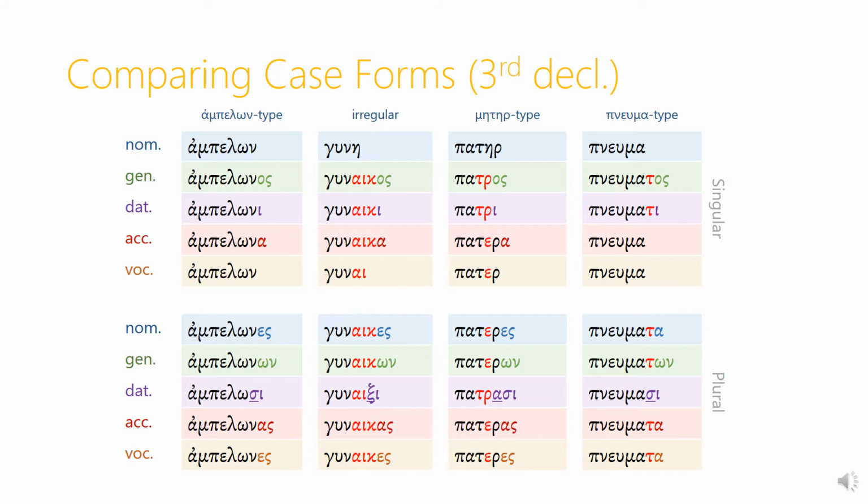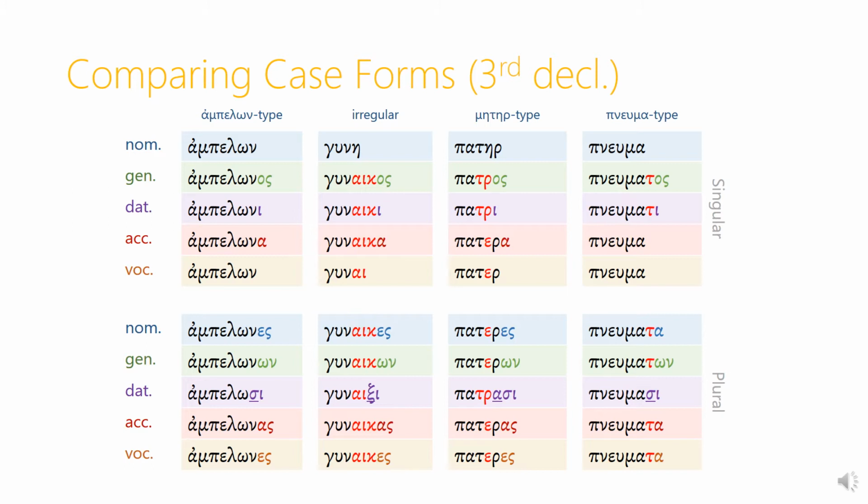In the ampelone type, which just uses the nominative singular form as its real stem, the dative singular is ampeloni, just adding the iota onto the end. And in the plural, we have ampelones, ampelonon, and then ampelosi before the accusative ampelonas and vocative ampelones.